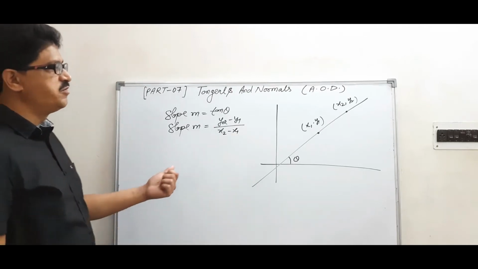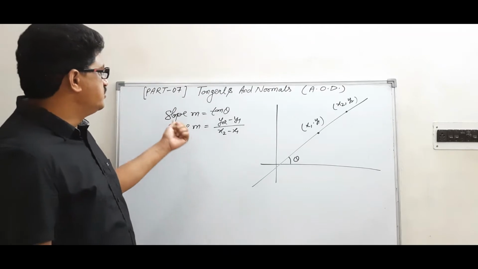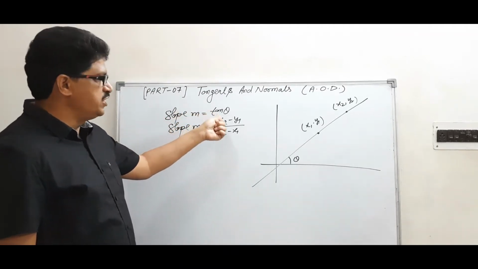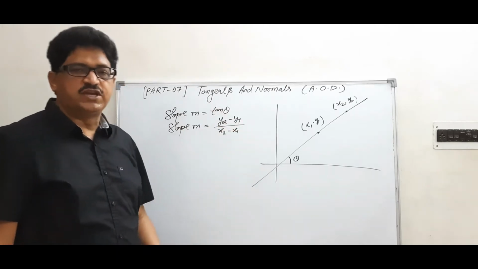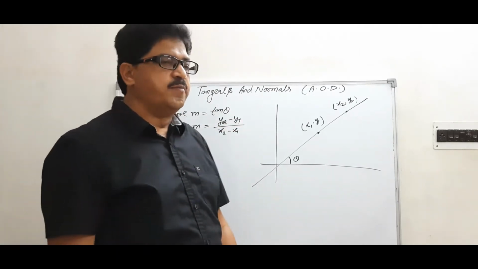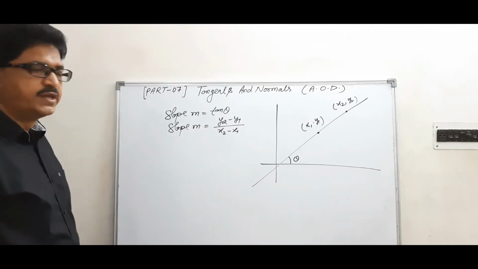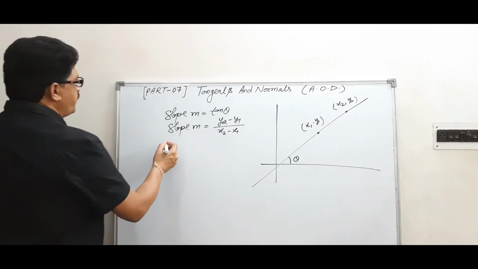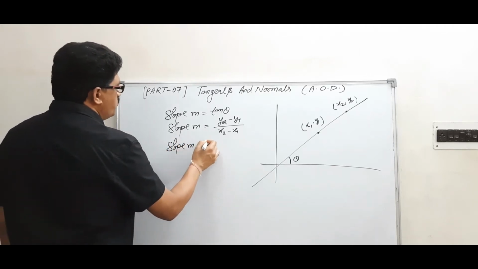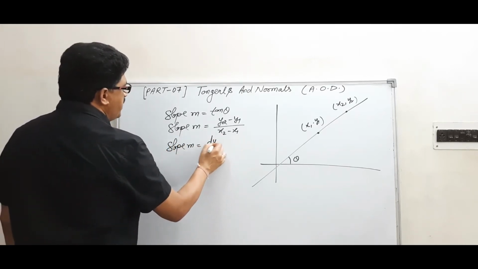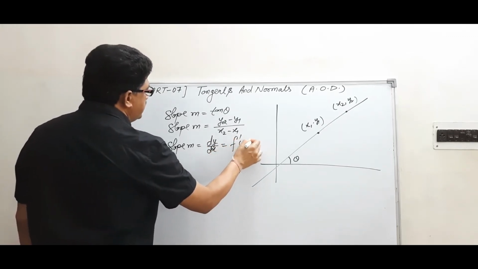ये हमने क्लास 11 में पढ़ा था, स्लोप ऑफ लाइन पासिंग थ्रू 2 पॉइंट्स. So we can find slope by using theta, or if 2 points are given, we can find slope of line by y2 minus y1 upon x2 minus x1. Same way, we can find slope m by using derivative dy by dx or f dash x.